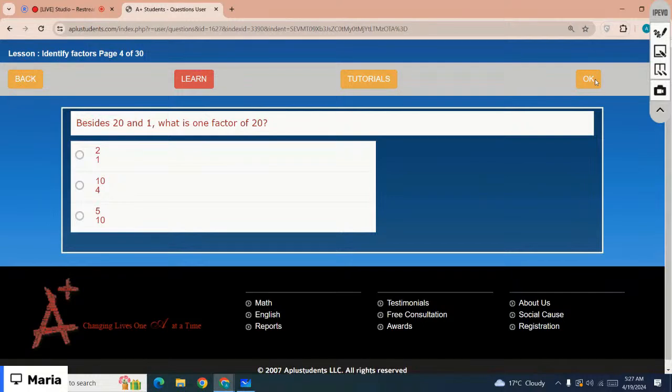Besides 20 and 1, what is the one factor of 20? Which is the correct option?